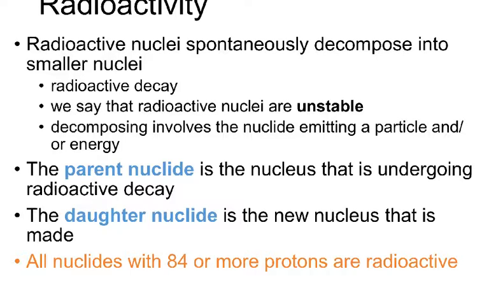The parent nuclide is the nucleus that's undergoing radioactive decay, and the daughter nuclide is the new nucleus that's made. So that should make some sense. And if you look at your periodic table, all nuclides with 84 or more protons are radioactive. They are unstable.